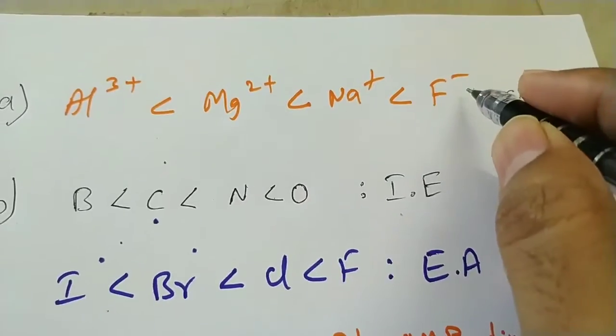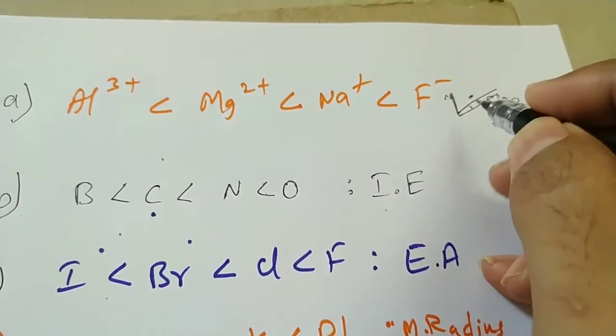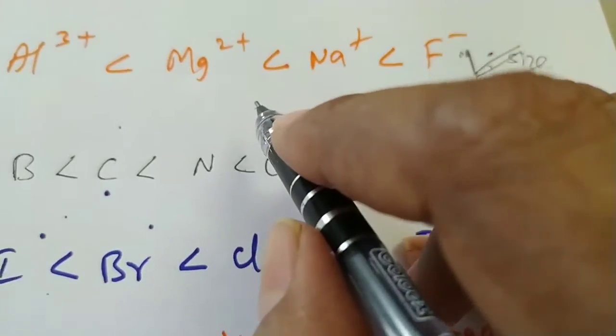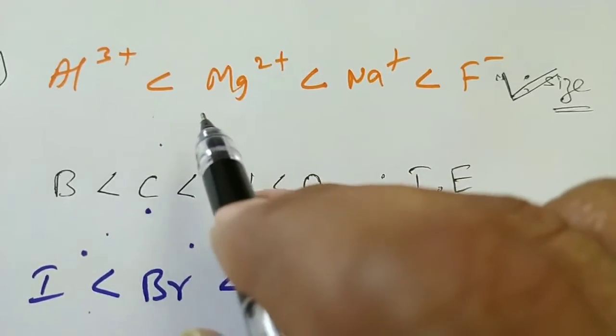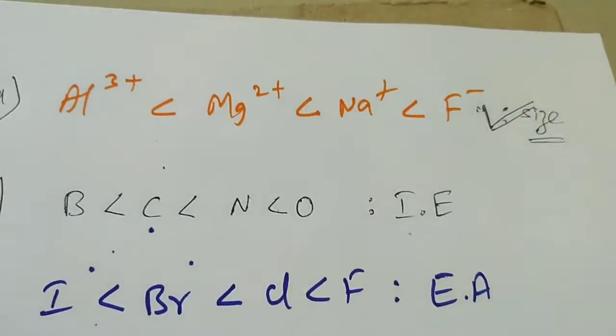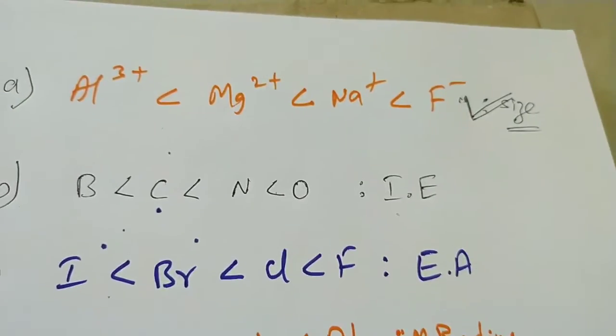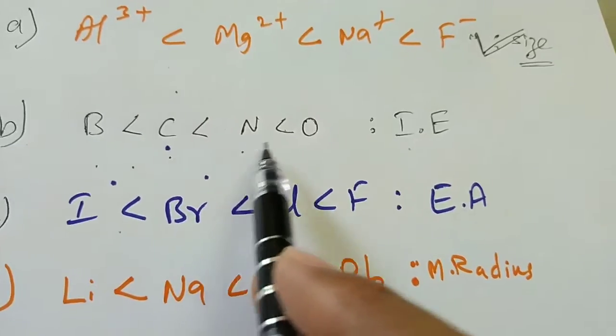So for size, we already learned this first concept, it is correct, because the positive one is smaller in size, then the neutral, then the negative. When more than one positive ion is there, the more positive one has less size. Next, the second option: boron, carbon, nitrogen, oxygen.